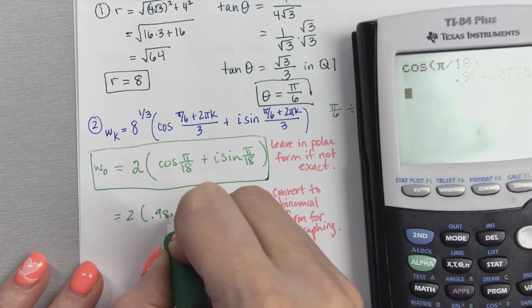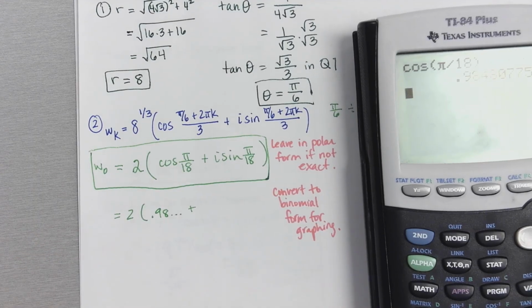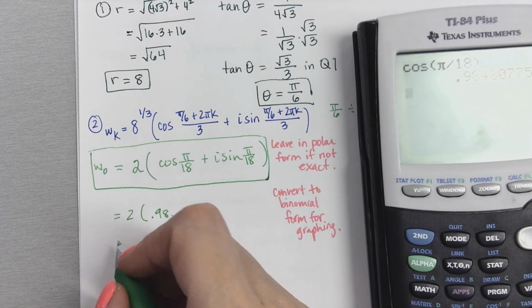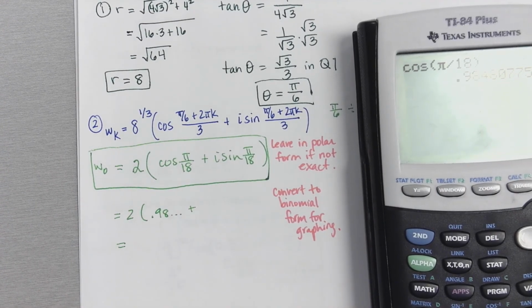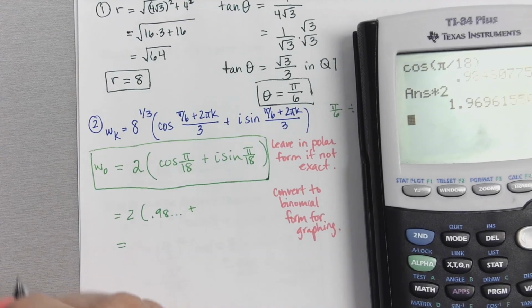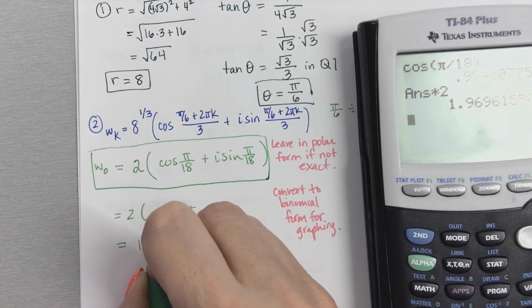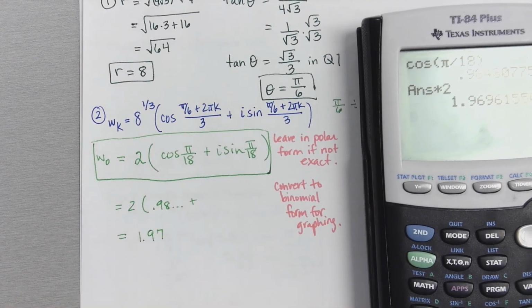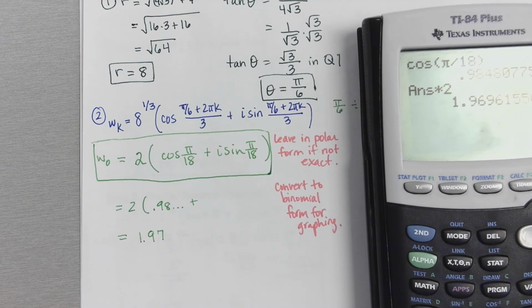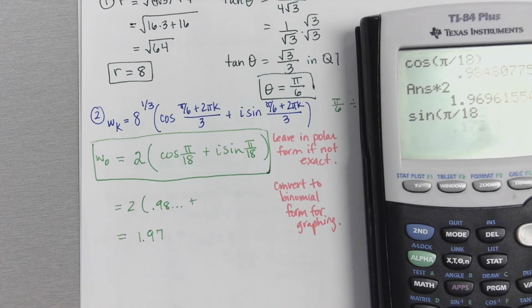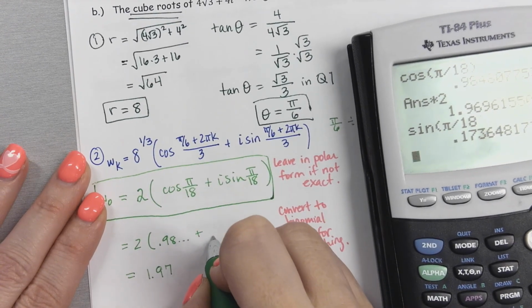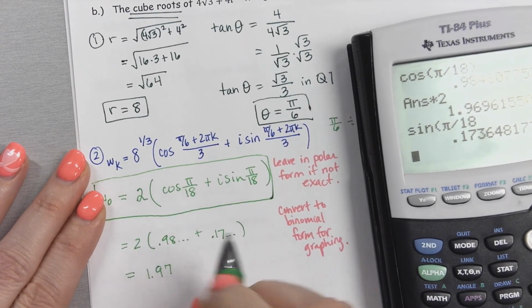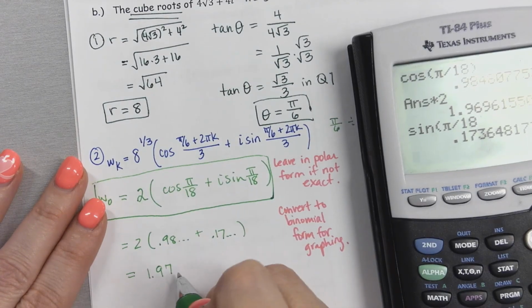So you have the 0.8 plus, and really at this point you do want to multiply it by 2 so you get the most exact answer. So it will be 1.97. And then if you do the sine of pi over 18, you're going to multiply by 2 as well.